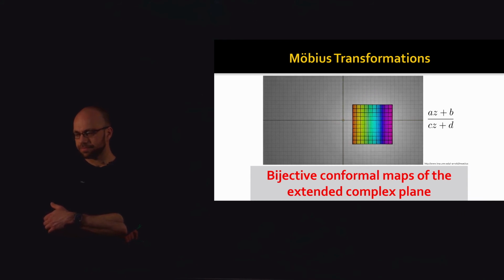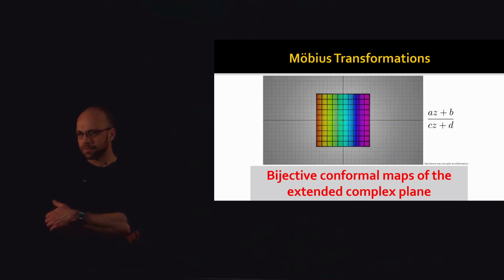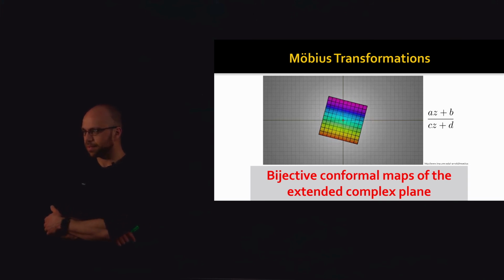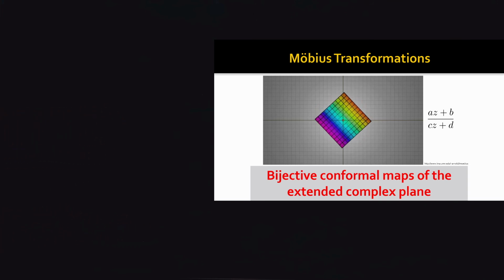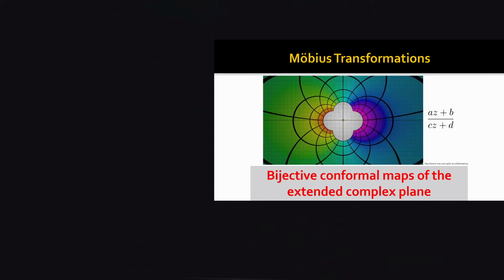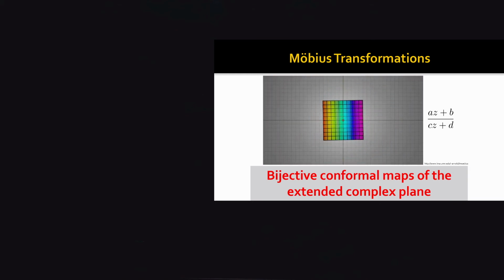The simple translations, dilations, rotations, and inversions, which turn the plane inside out. Lines on the plane either remain lines or transform to circles, and right angles stay true.